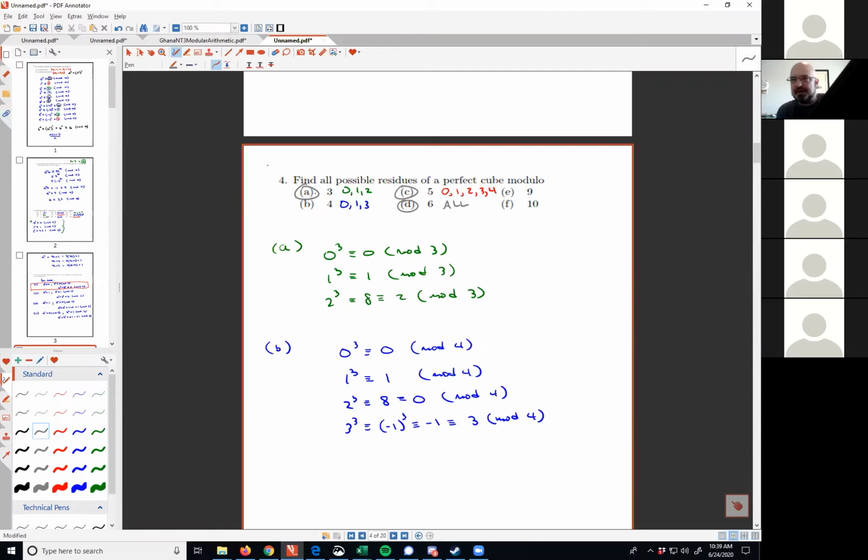0 is the residue. It's like remainders. We only go up to 1 less than the divisor when we're doing remainders. With residues, we go up to 1 less than the modulus.